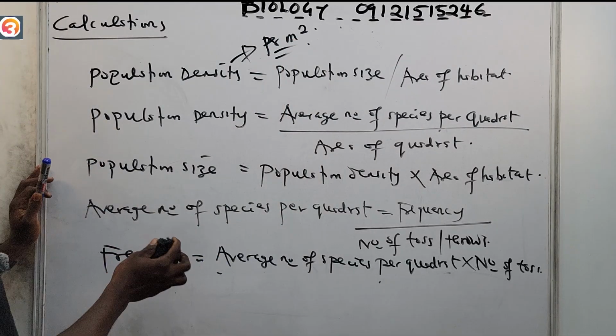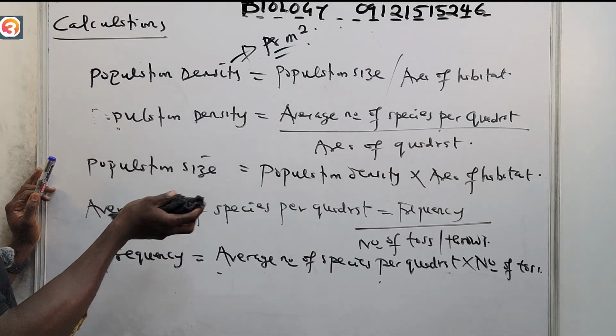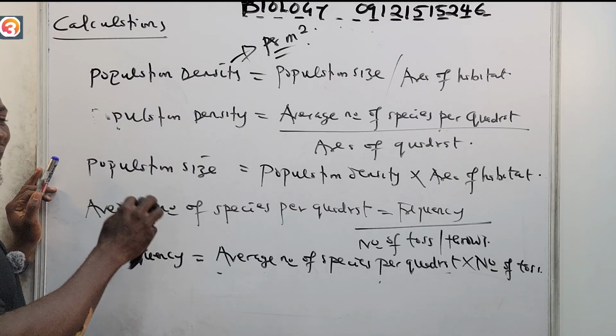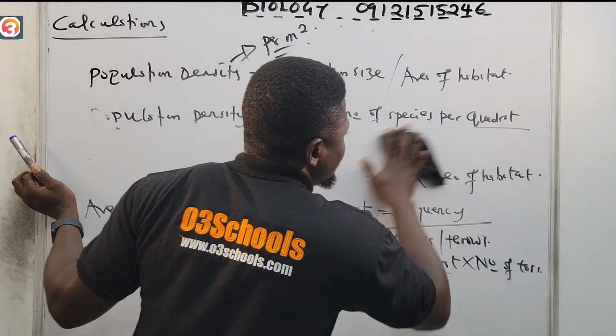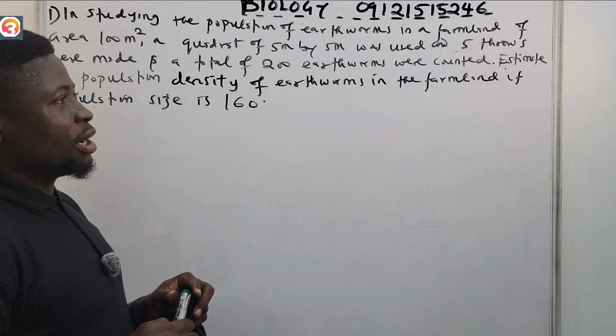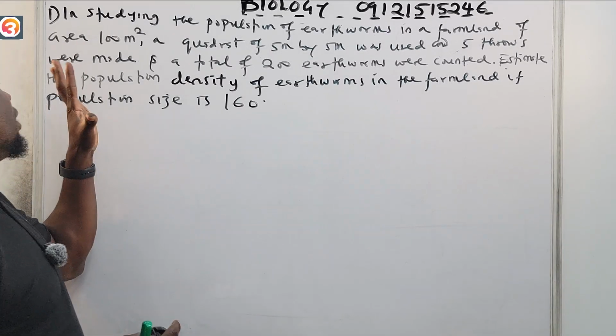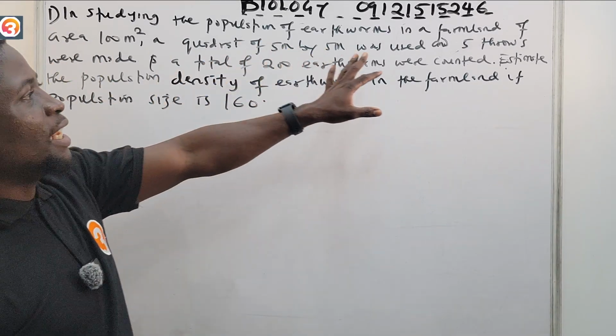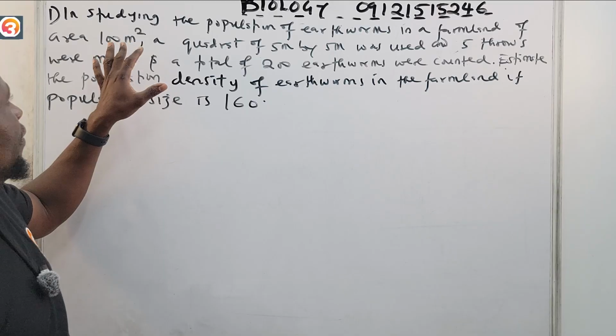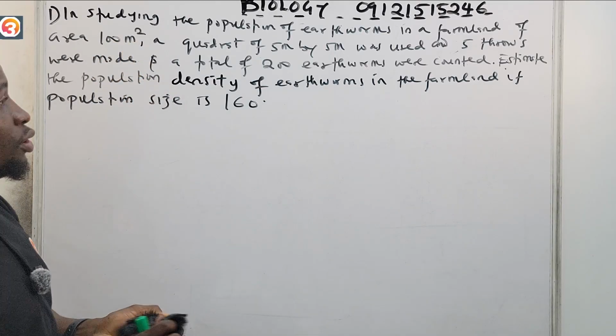So I will clean this now and then write a question on the board. We'll answer it together, so I'll make this part fast. All right, guys, you are welcome. Now we're told that in studying the population of earthworms in a farmland, the area is 100 meters square.